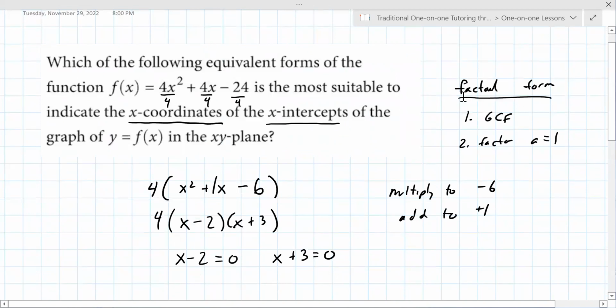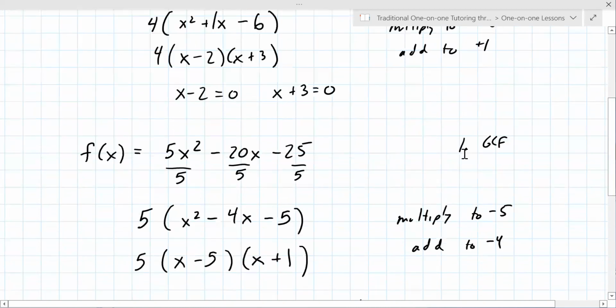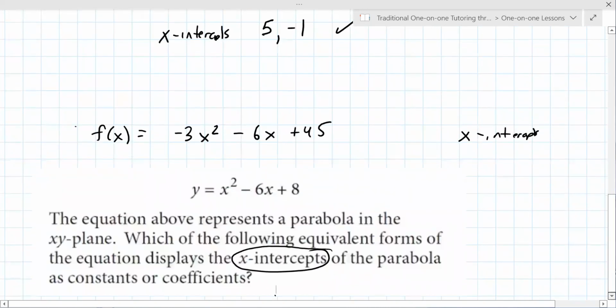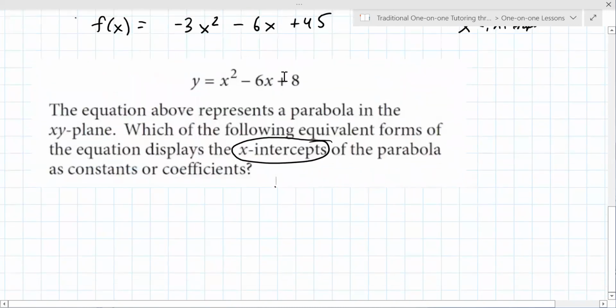Finding the greatest common factor, factored form. Factoring, yeah, factored form. So that's what this is asking for. It's saying write this equation in factored form. And that's what you need to think of with x-intercepts. You need to think of, oh, that's factored form.